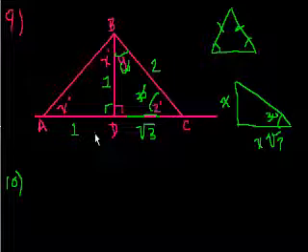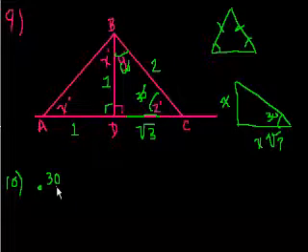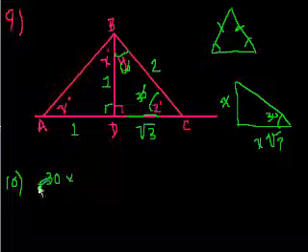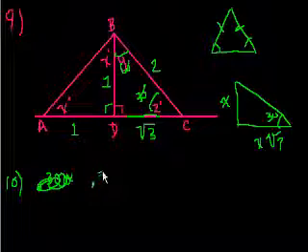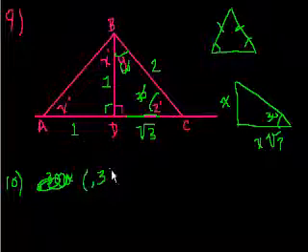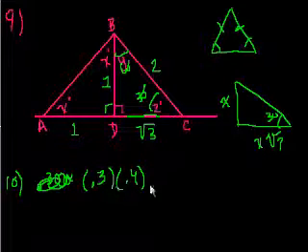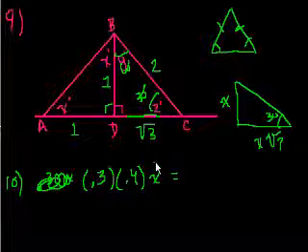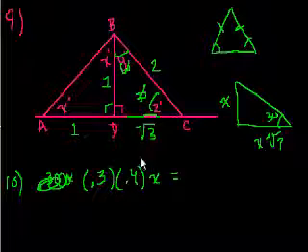is equal to, so 0.3, 30% of 40%, so 0.3 times, and I don't want to use times because I'm going to use x for the number. So 0.3 times 0.4, so that's 30% of 40% of a positive number, so that's x, is equal to 20% of w% of the same number.